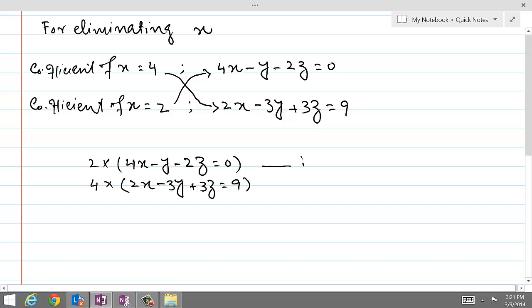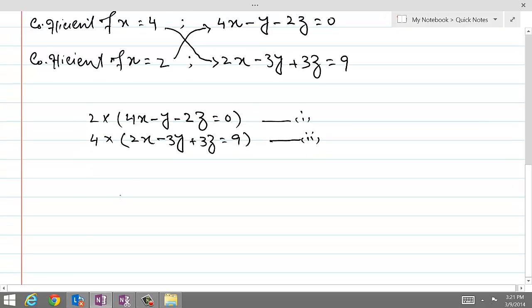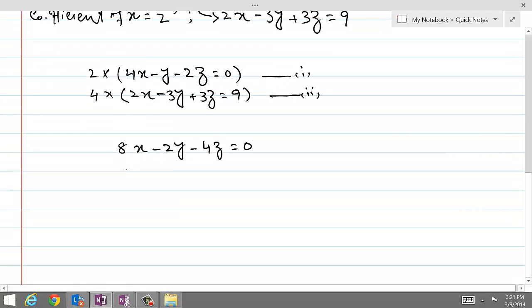Both of these, equation 1 and equation 2, will become 8x minus 2y minus 4z equal to 0, and the second equation will become 8x minus 12y plus 12z is equal to 36.